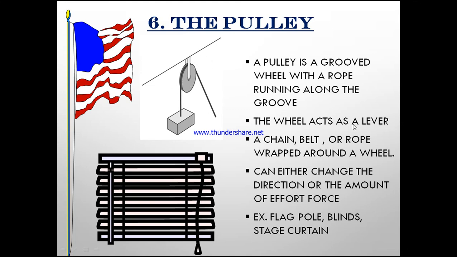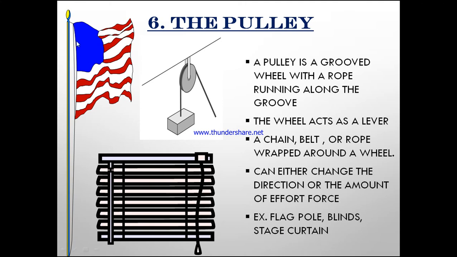The wheel acts as a lever. A chain, belt, or rope wrapped around the wheel can either change the direction or the amount of the effort force, as I told you. For example, flag, ball, and blinds, stage curtains.